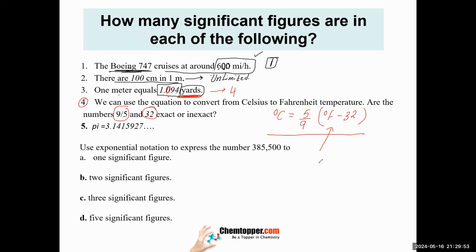You can write this equation like this also: 9 over 5 degrees Celsius plus 32. I'm just rearranging the equation. Is degree Fahrenheit. So this 9 over 5 and this 32 are considered defined numbers or exact numbers with unlimited significant figures.